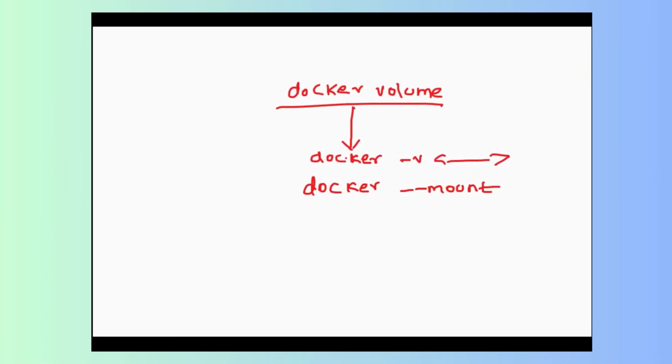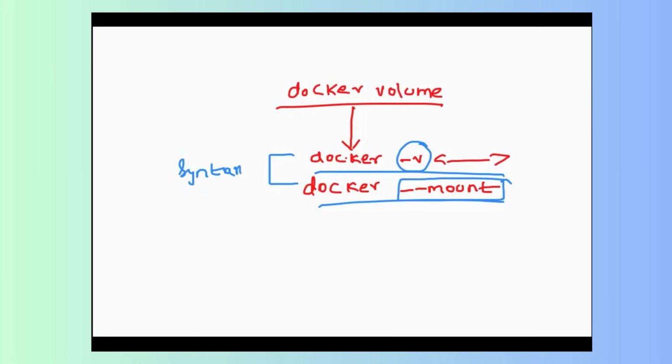So people get confused about the difference between these things. In both cases you will do the same thing: whenever you are trying to mount a volume into the container, you can use either -v or --mount. Both are the same thing, there is only a syntax difference.